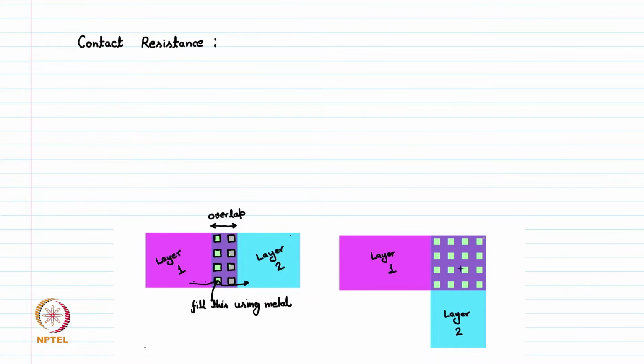To reduce this via resistance, we have now put 16 vias in parallel, to reduce the resistance.